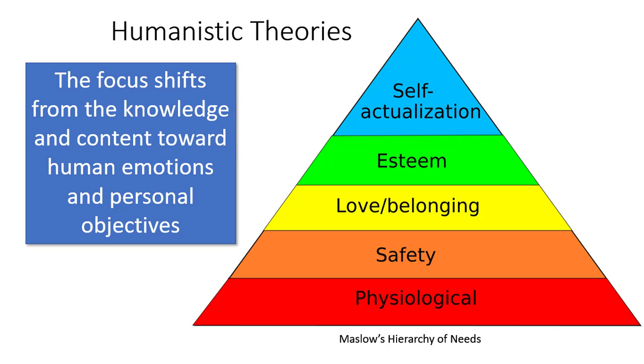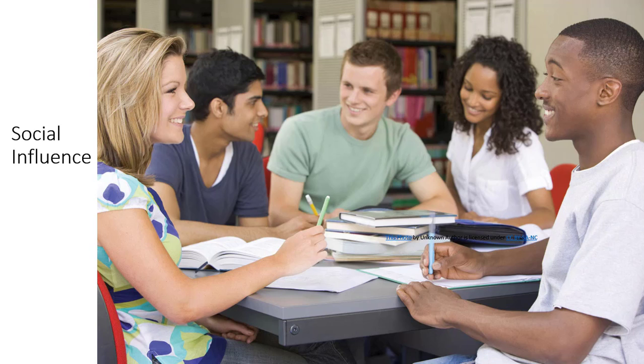Now, if we look at some of the humanistic theories, one of the key factors that is really kind of different from cognitive theories, and behavioral for that matter, is the effect of social influence. So when we're looking at these humanistic theories, these social learning theories, there's an acknowledgement that the social environment, and by social, I don't necessarily mean socializing.